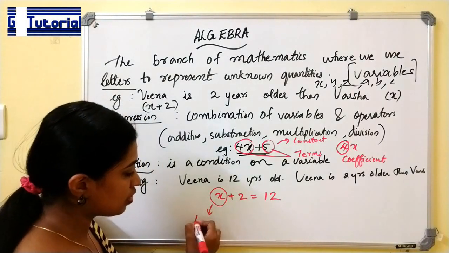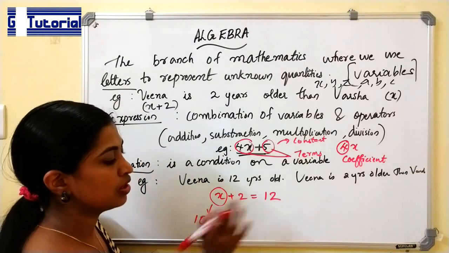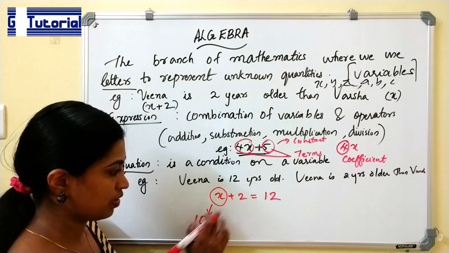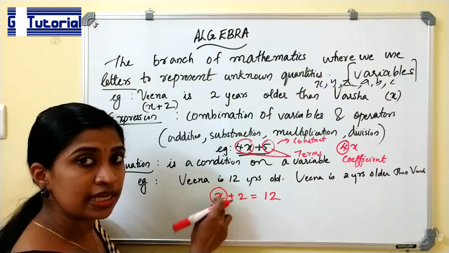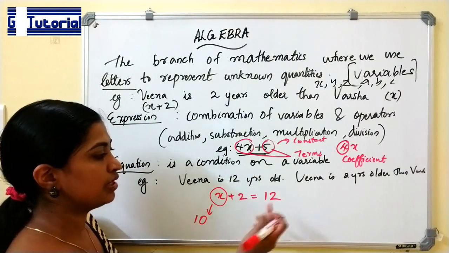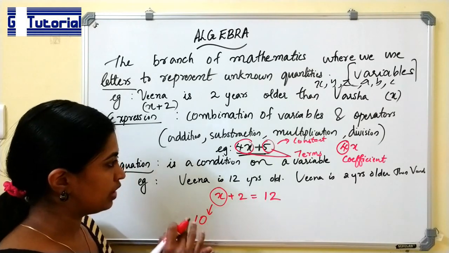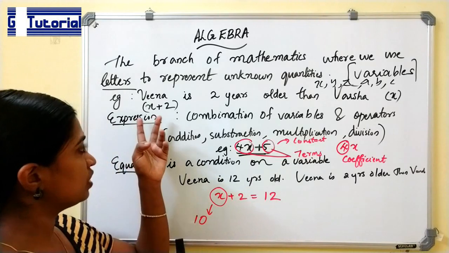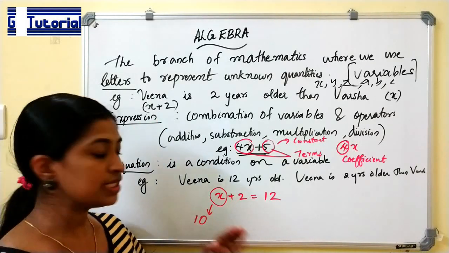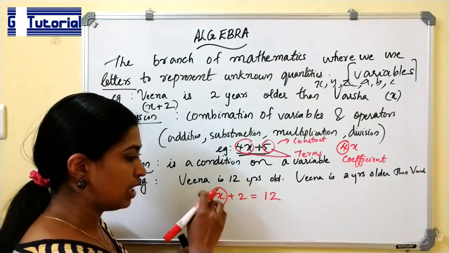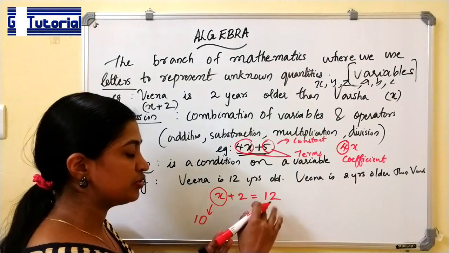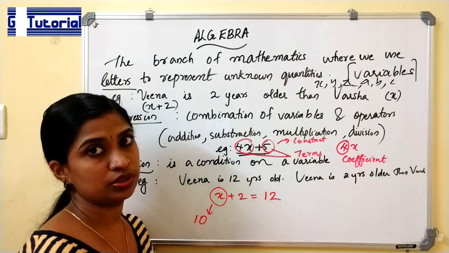So the condition on x is that it should be 10 to get the value of this equation as 12. Now I think you are clear with the terms expression and equation. It is a condition on a variable, and only if the condition is satisfied, it is called an equation.